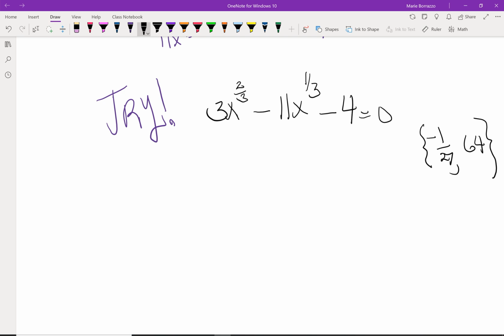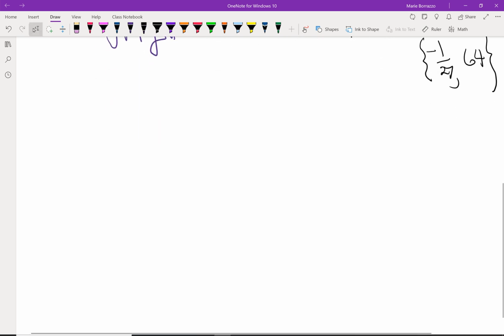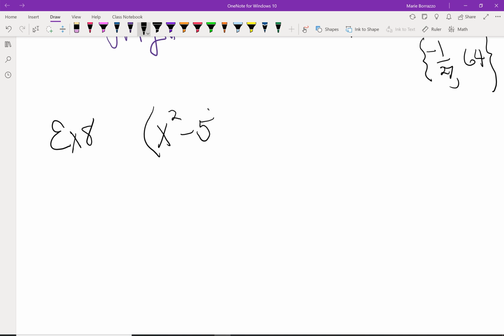All right, so let me go over to example 8. Example 8, we have more of the same. We're solving an equation, quadratic in form. The only thing is this time they're giving you x squared minus 5 squared plus 3 times x squared minus 5 minus 10.